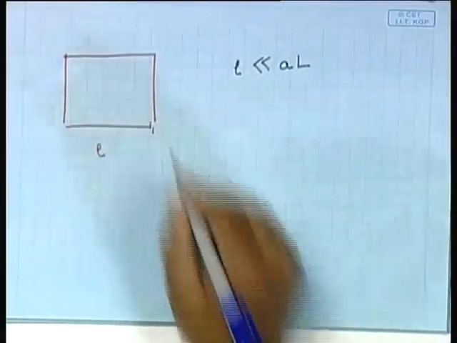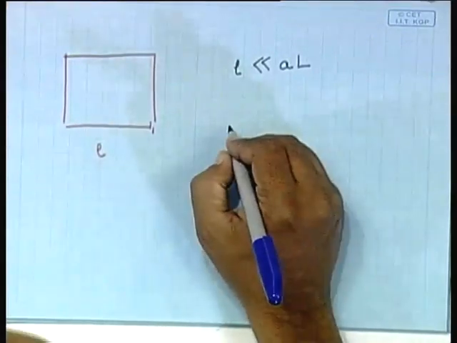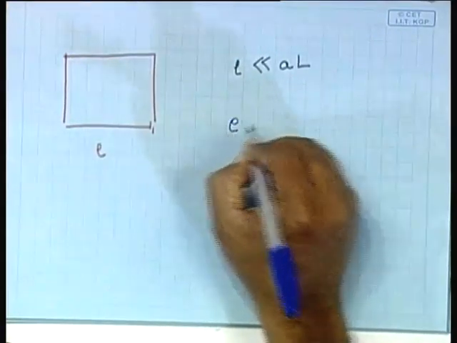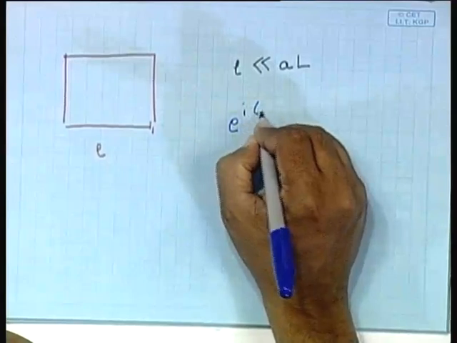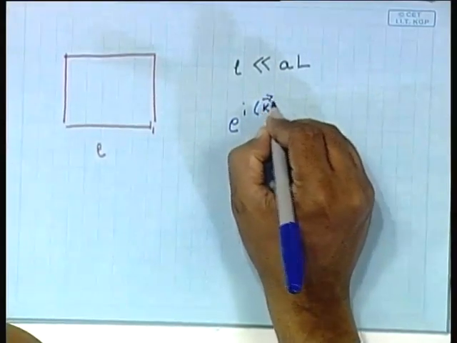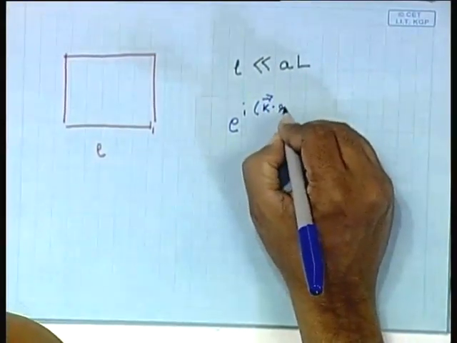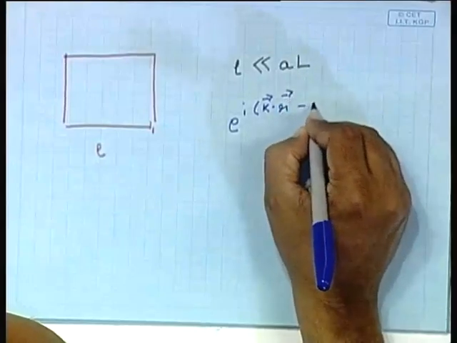Now, the electromagnetic field inside this box can be decomposed into modes. I am sure we are aware of this. These modes are e to the power i k dot r minus omega t.